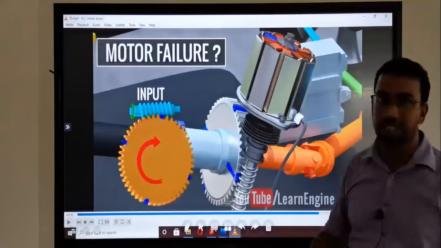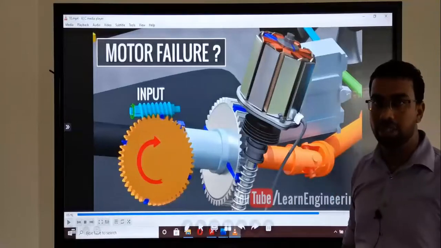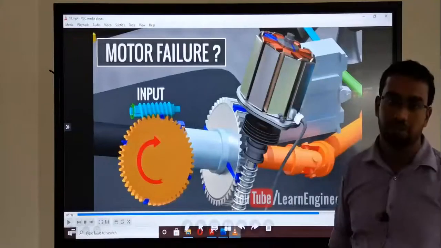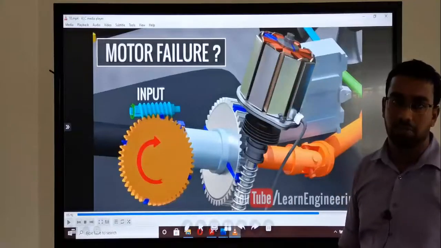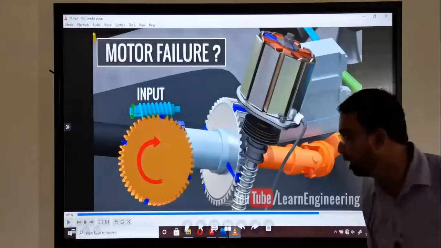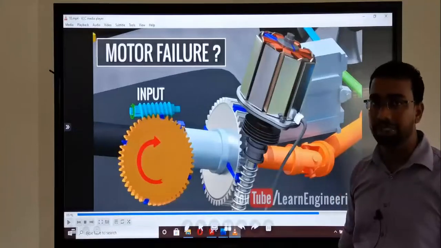At that time, in any emergency condition, if we have to suddenly turn the vehicle, and the motor got failure or some issues, we cannot turn the steering in an emergency condition.